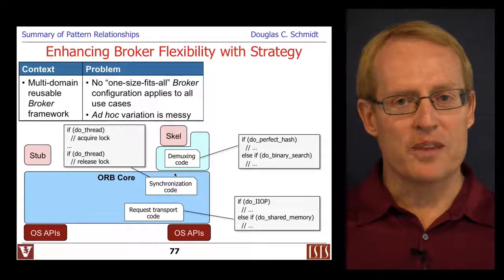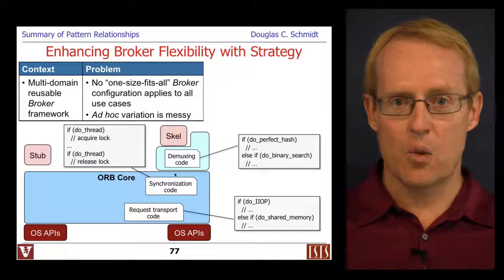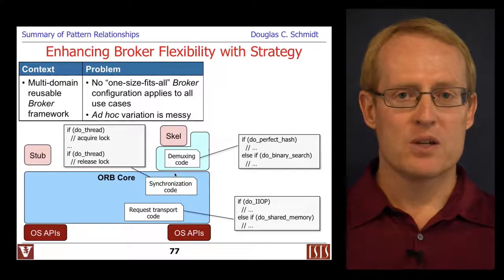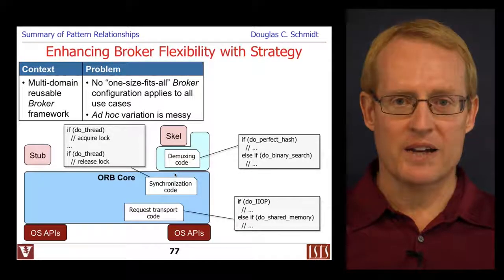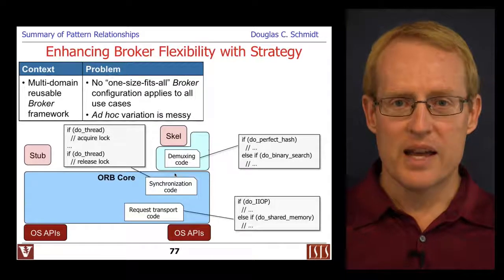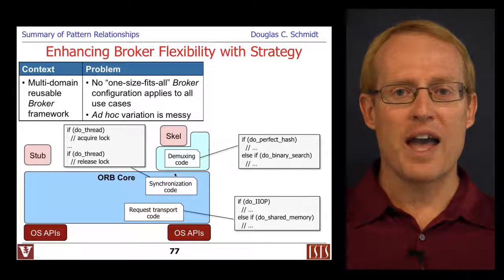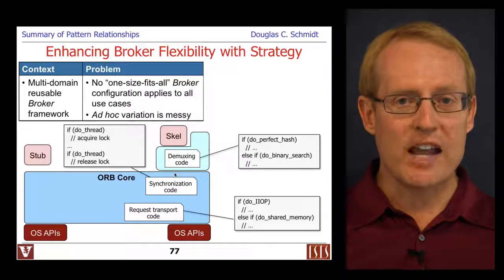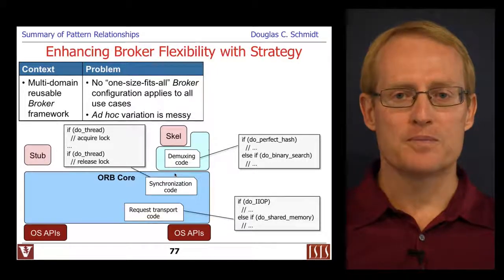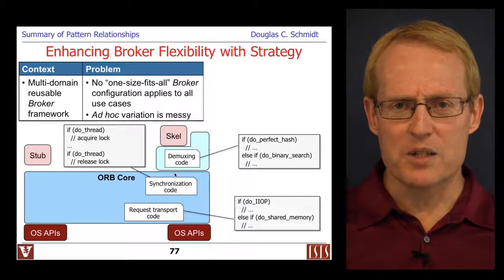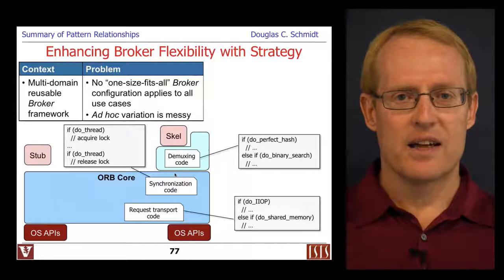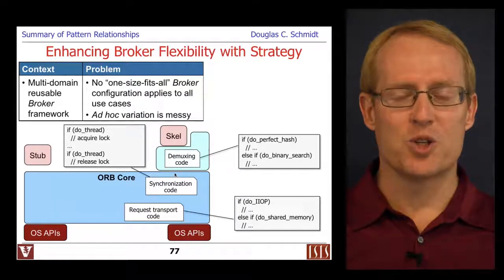However, it turns out that there's no one-size-fits-all way to implement a broker. Certain mechanisms work well in some contexts, certain work well in another. And moreover, the traditional way of implementing variation in a broker tends to lead to things being ugly and messy and complicated to change.